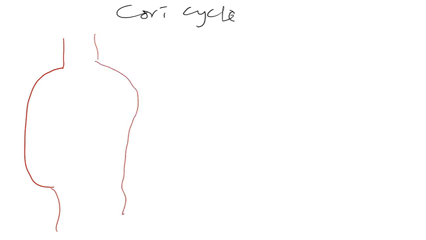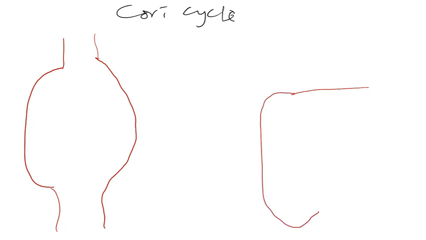So the Cori cycle, as a summary, we can show it this way. So we have a muscle cell, which is an active muscle. And on this side we've got the liver.